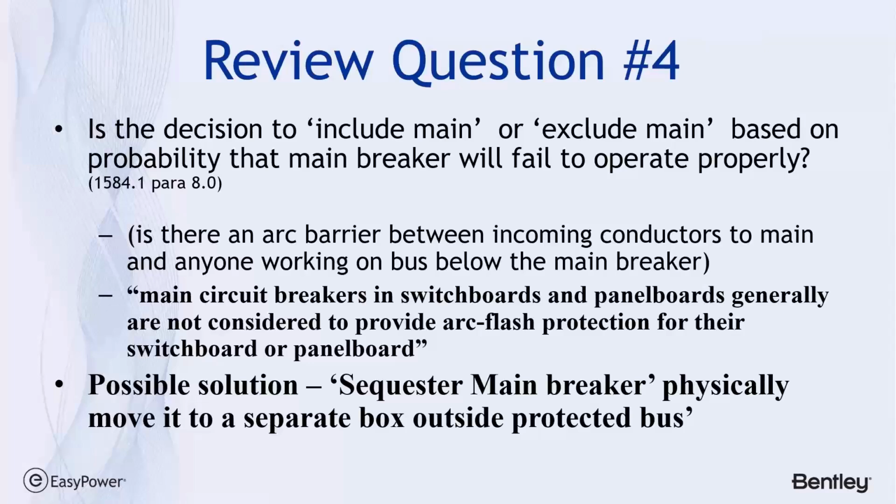One possible solution to this situation is to sequester the main breaker, basically move the main breaker into a separate compartment or a separate enclosure so that if an arc were to form on the incoming conductors to the main breaker, it cannot migrate to the downstream bus. Just a thought. Sometimes that's convenient, sometimes it's not. Sometimes it's company policy, and it sure makes for a safer system.